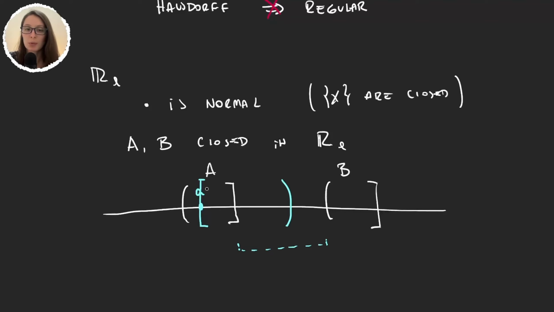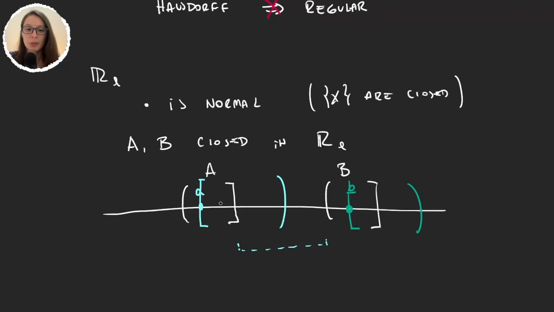And I can choose many neighborhoods like this that don't intersect B, so I can get very close to this point without actually getting to B. And the same here. I will just stay with one here in the middle, and I can do the same for B. If I grab an element here, I can always consider this neighborhood such that it doesn't intersect our set A. Remember that our sets don't have to necessarily be like this. I'm just trying to draw something so that we can picture what's going on.